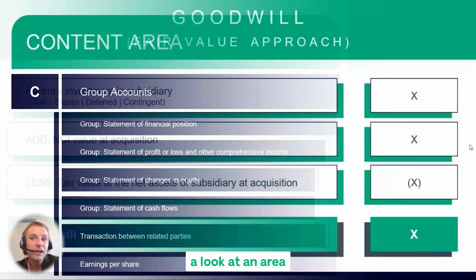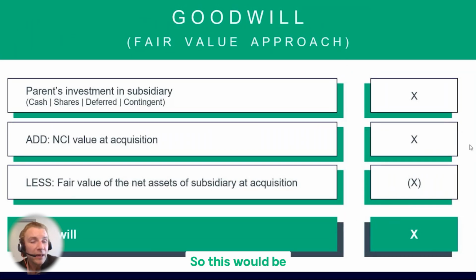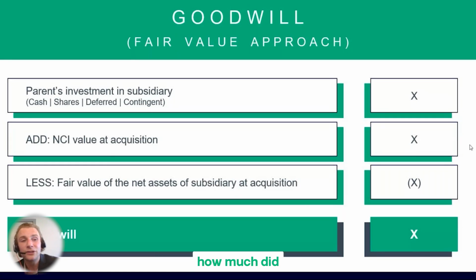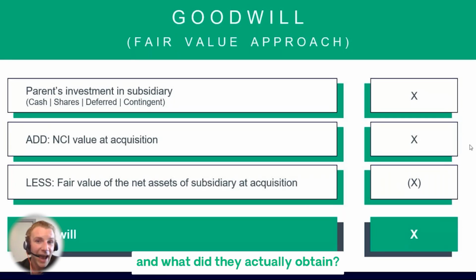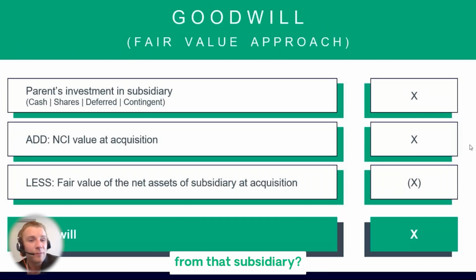So let's have a look at an area that could come up, and we've got an area of goodwill on here, fair value approach. This would be in the actual calculation because it's going to be included within the statement of financial position. And for the goodwill calculation, you've got to say, how much did the parent invest in the subsidiary, and what did they actually obtain? What did they buy from that subsidiary?